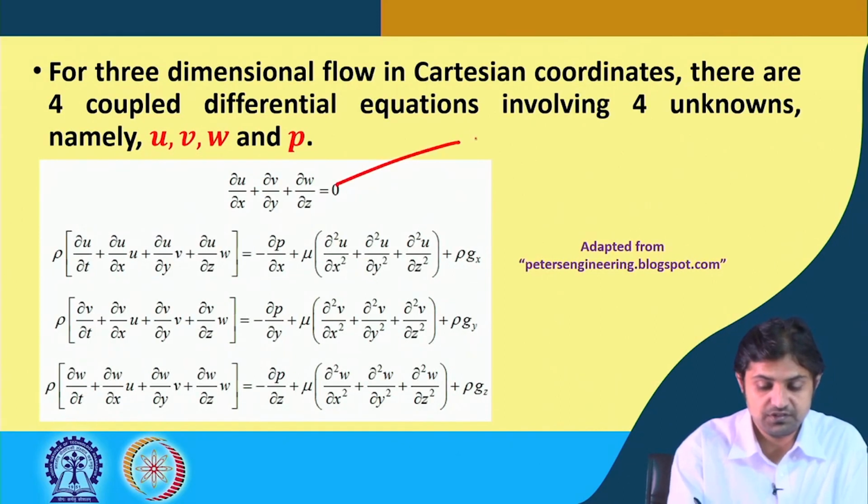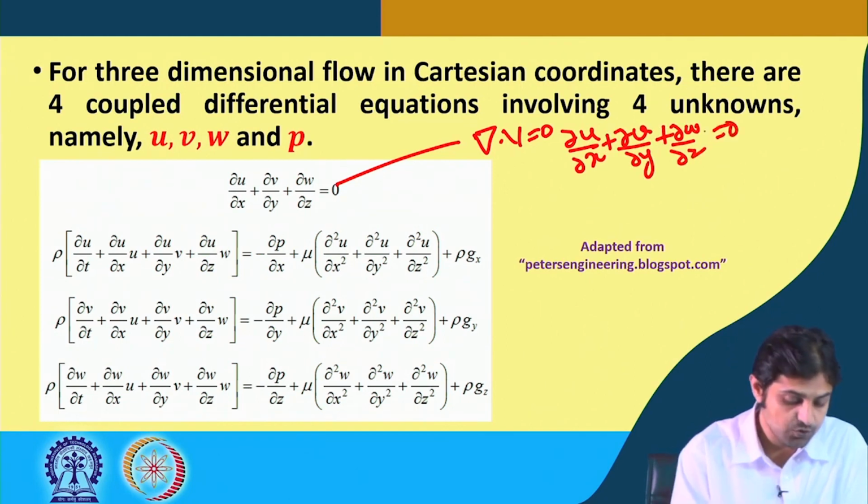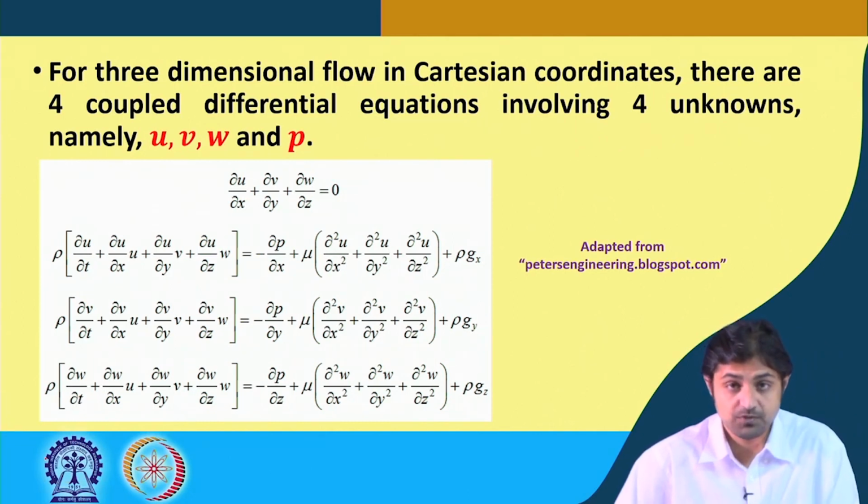So these are the 4 equations. This is nothing but del dot V is equal to 0, as it is written, del u by del x plus del v by del y plus del w by del z. So now you would understand why I taught the viscous fluid flow lecture before, and we derived everything, because this particular CFD module comprises many equations, and it will help you a lot if you can recognize these equations.